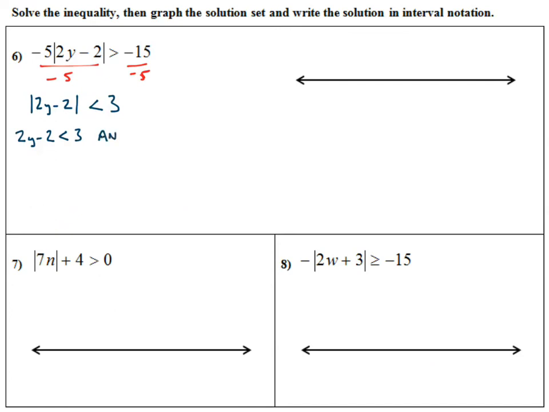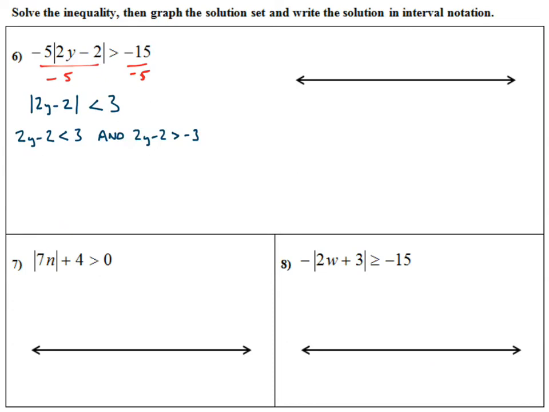And at the same time, I also have to go by the restriction that 2y minus 2 will be greater than negative 3. The other way to write this, of course, would be 2y minus 2 in the middle, and that's going to be greater than negative 3 and less than 3. So you could do it either way, whichever you prefer. I'm going to go with the first method, though, just to work it down.